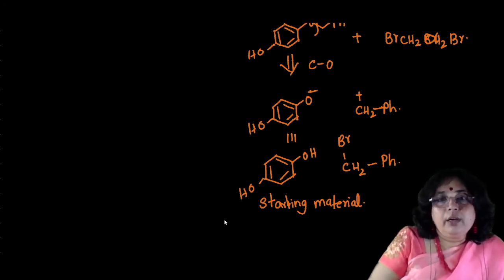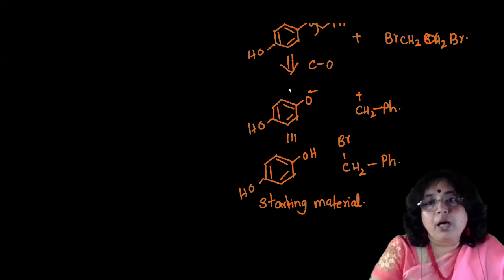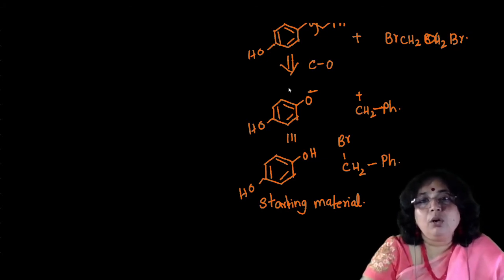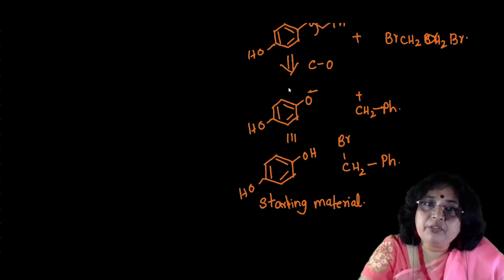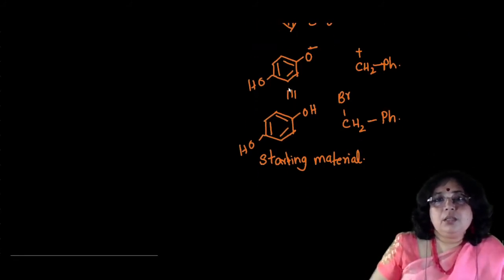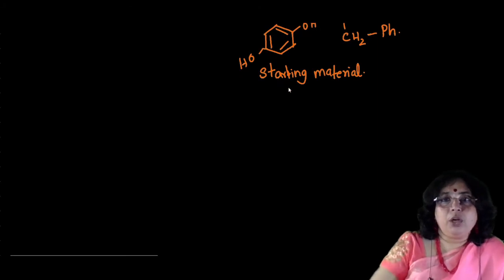Now let us verify whether our analysis part is completely perfect, or whether we are on the right path or not. That can be verified or cross-checked by the synthesis of the molecule.